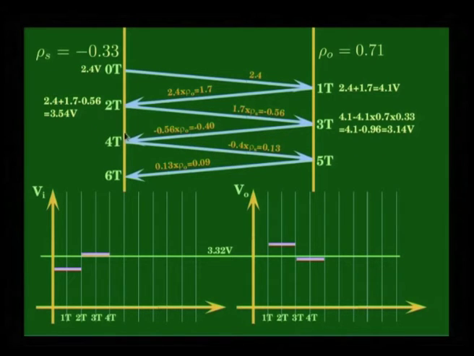So, the algebraic sum of this added to the previous value of 3.54 will give you 3.27. So, that is the value which will be seen on the scope here, and that value at 5 t will reach almost 3.36, and then further on you will see that it will gradually tend towards 3.32 volts.